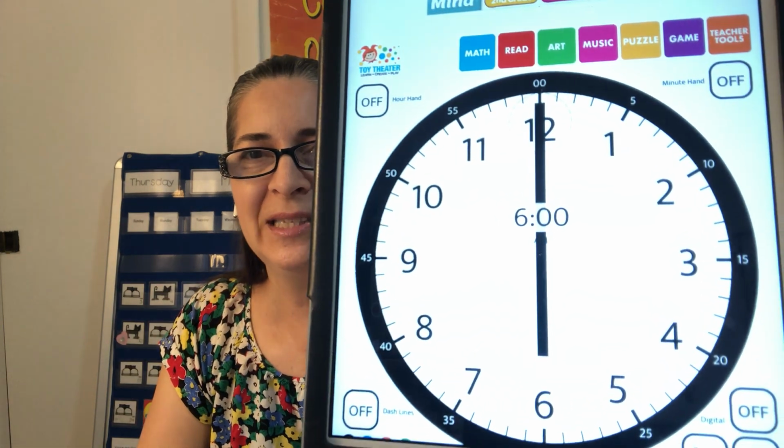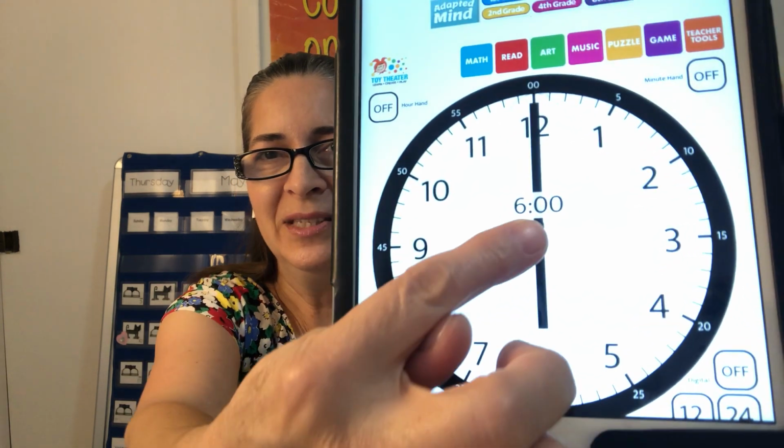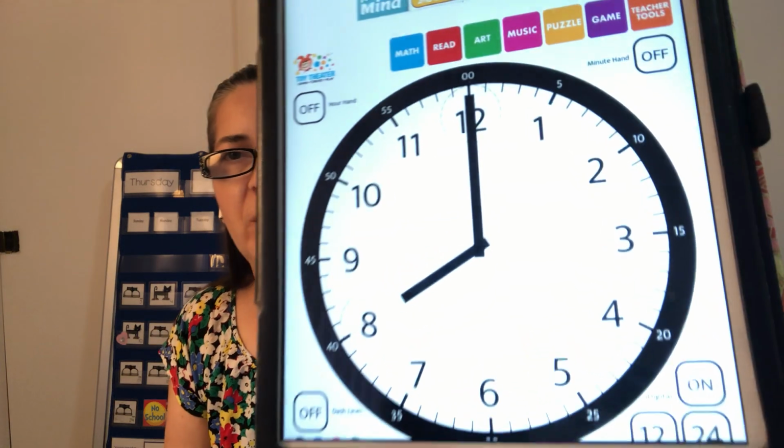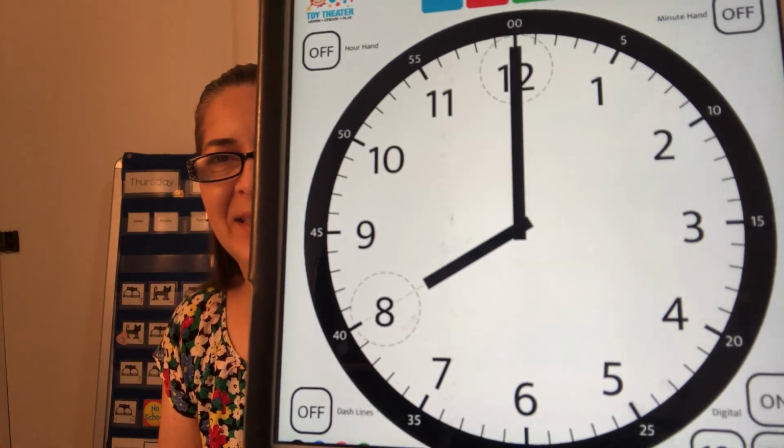So right there you can see the time is 6 o'clock and there it says 6 o'clock. Let's change the time and see if you can tell the new one. Remember that if the minute hand is on the 12, then the hour hand is always going to be on a number. What time is this?